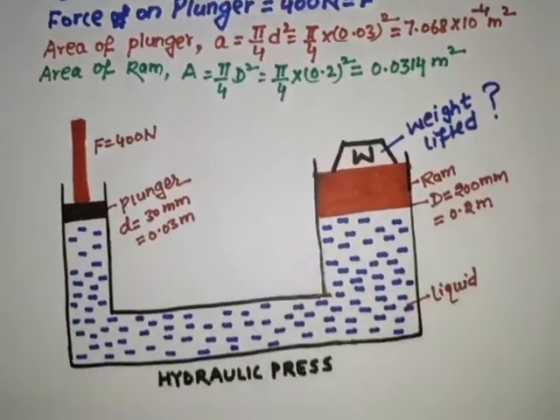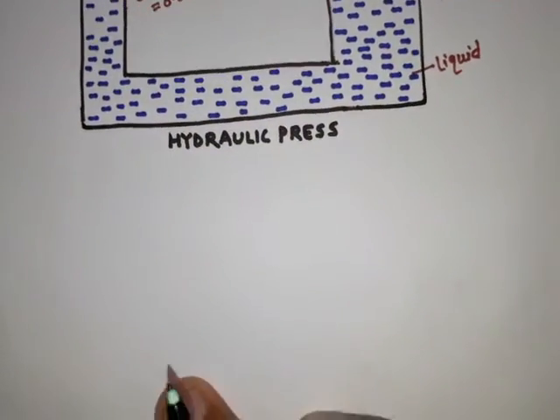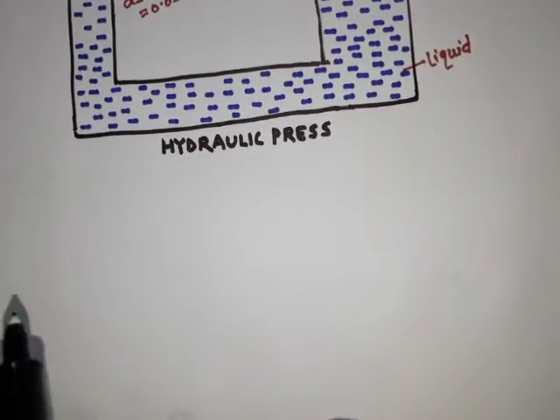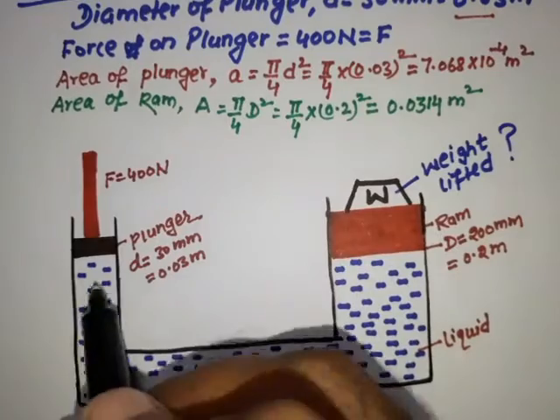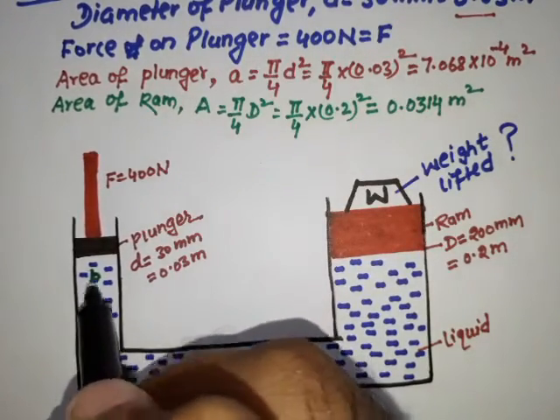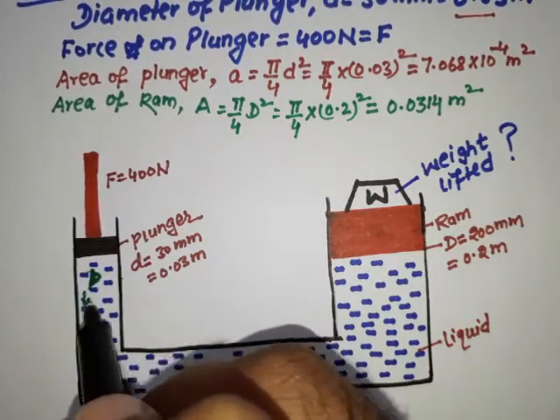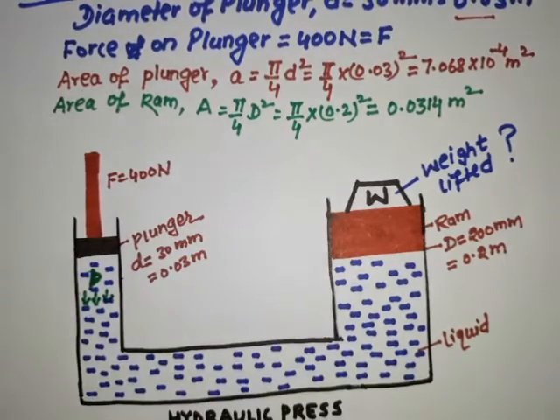Now intensity of pressure due to plunger. The intensity of pressure due to plunger is denoted by small p, because it is given in downward direction.